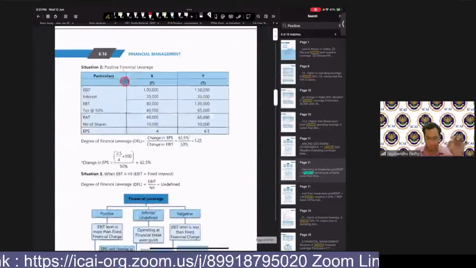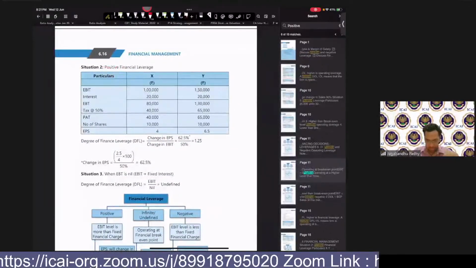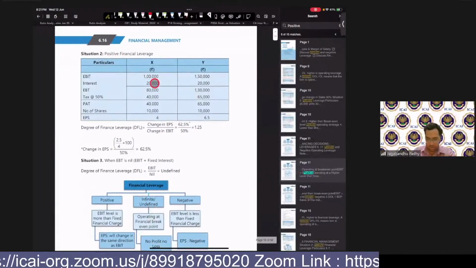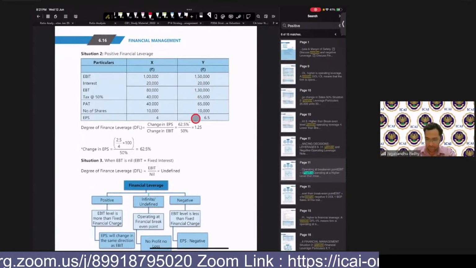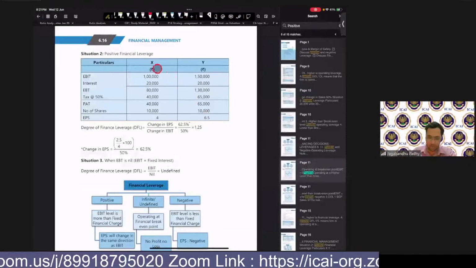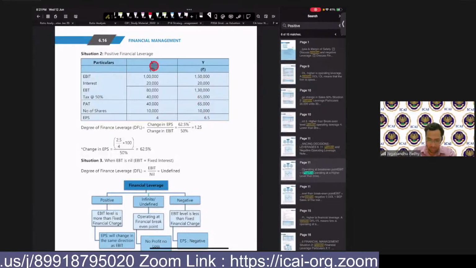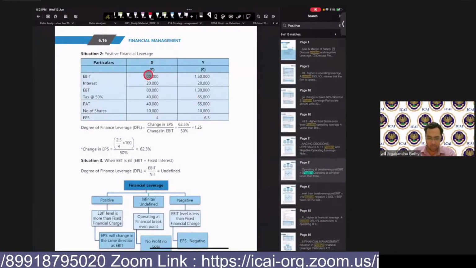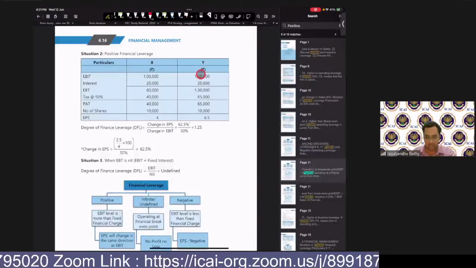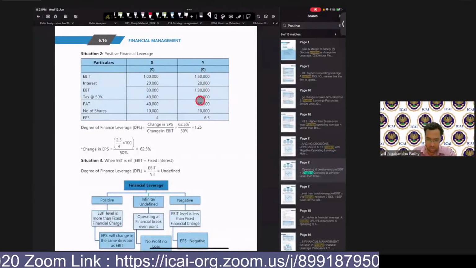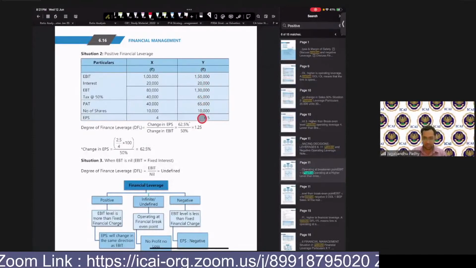In situation two, if you have a positive financial leverage, then in spite of paying the interest, you see that EPS is higher for Y but lower for X because the sales level or the EBIT level is lower. So Y can easily take a debt, and that debt is acting as increasing the EPS numbers.